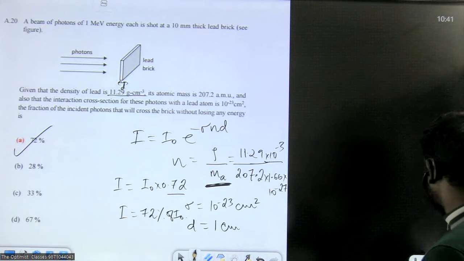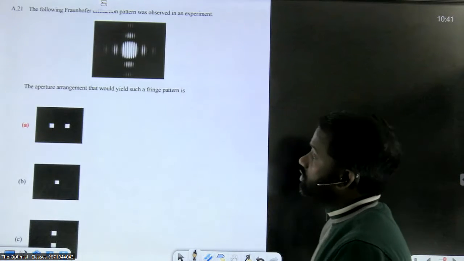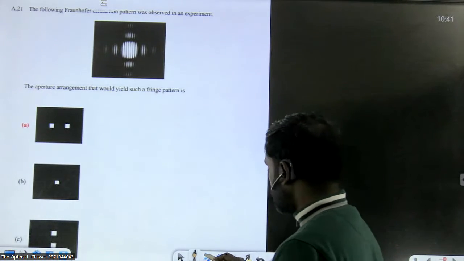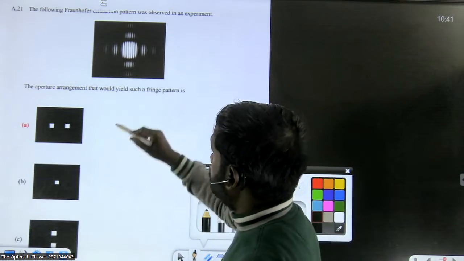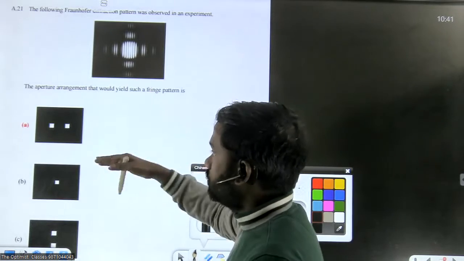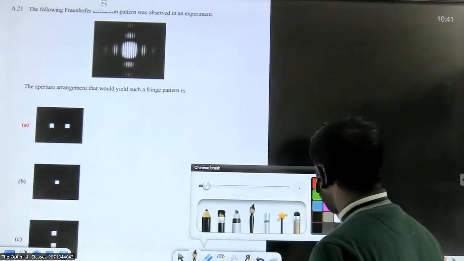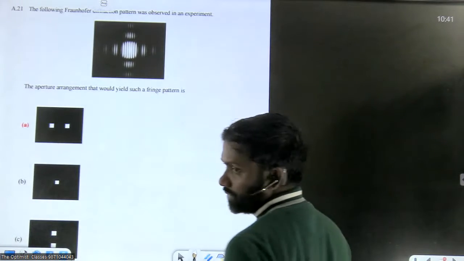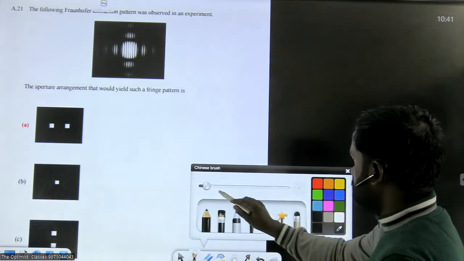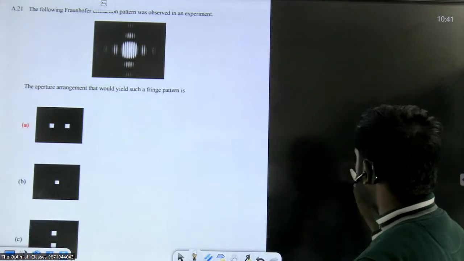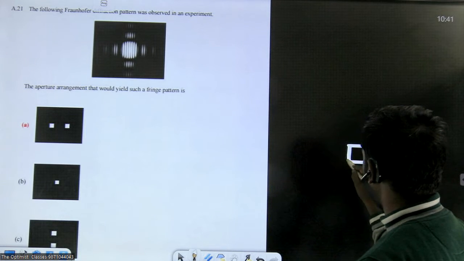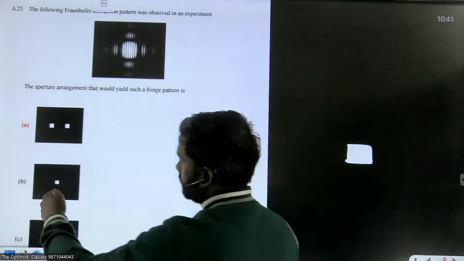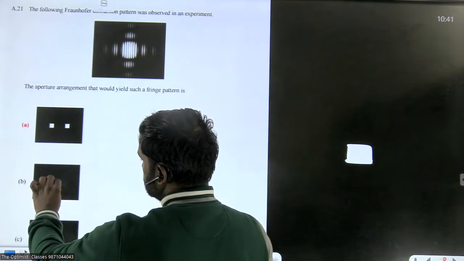All right, now next question. See, this is a question on diffraction pattern. The question says this kind of diffraction pattern can be obtained from which of these figures. So let me tell you what actually happens. Suppose we start with this one. If there is a diffraction pattern because of a single square aperture, you get something like this. Light passing through this square aperture will diffract in this direction as well as in this direction.